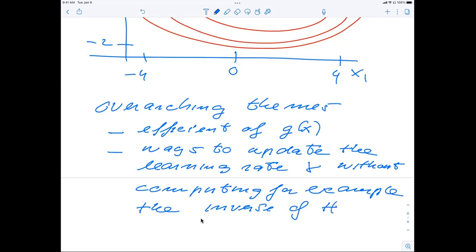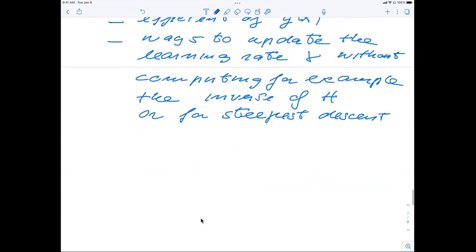Or, as we saw in the case of steepest descent, which is one of the other methods we could be tempted to use, that would be to calculate this parameter gamma of k, which is given by the gradient transpose times the gradient, divided by the gradient multiplied with the Hessian matrix multiplied with the gradient.